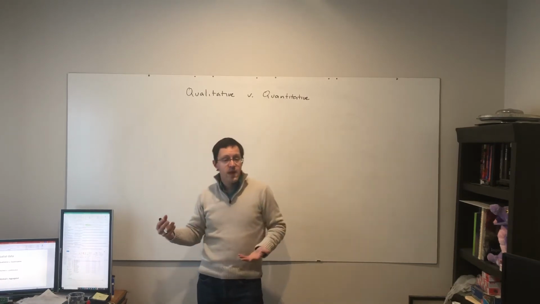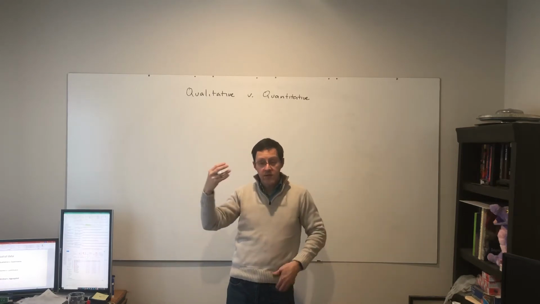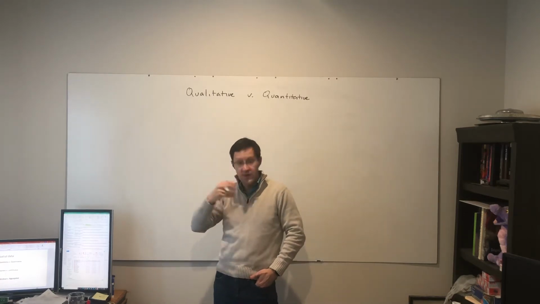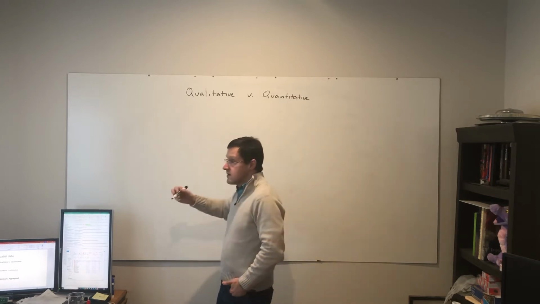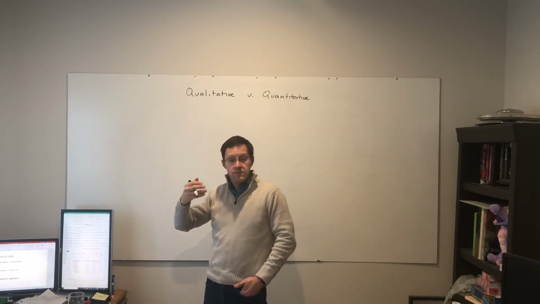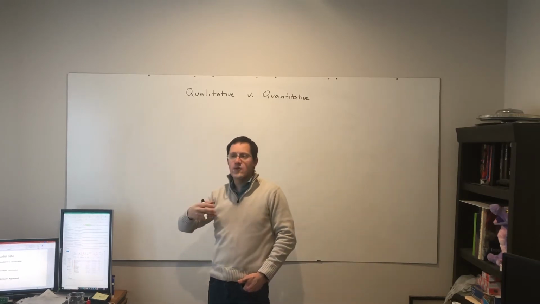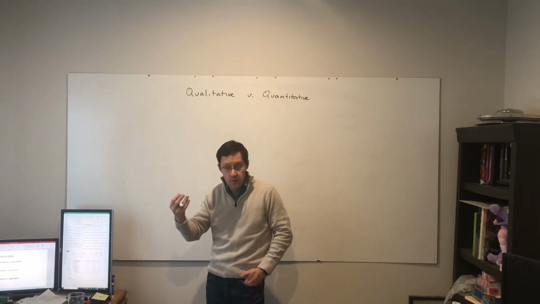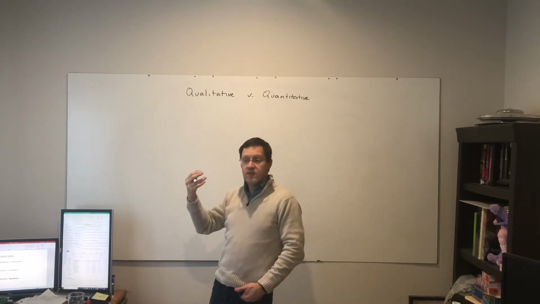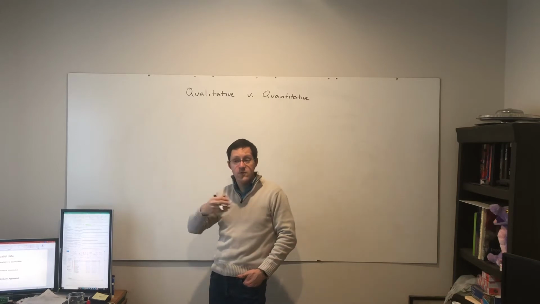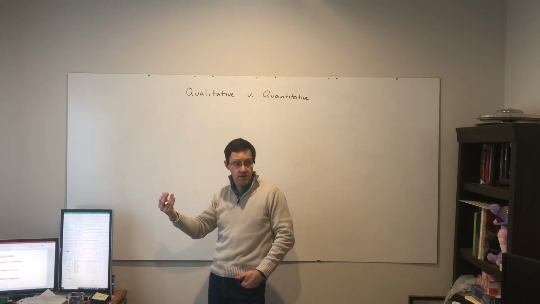And a very simple way of breaking this down and looking at it is the qualitative, looking at the qualities, just taking the word right there, the qualities of a particular attribute.